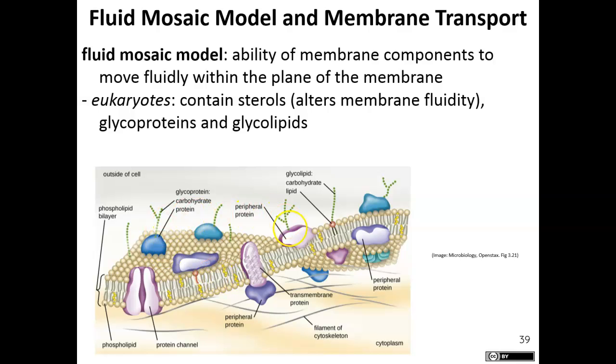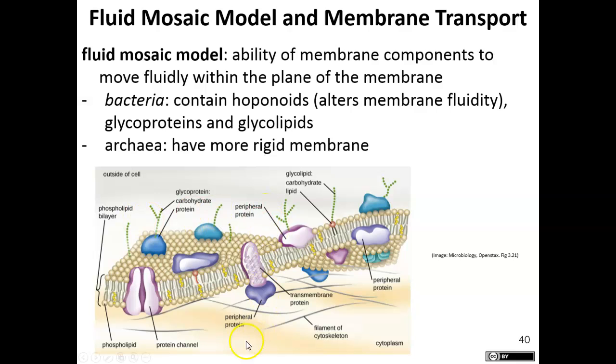In bacterial cells, they don't have sterols, they have hopanoids. Hopanoids do the same thing as the sterols in your bacteria or in your eukaryotic cells. Archaea have no hopanoids, they don't have sterols, they have a more rigid plasma membrane, so they don't have the fluidity that our cells and bacterial cells have.